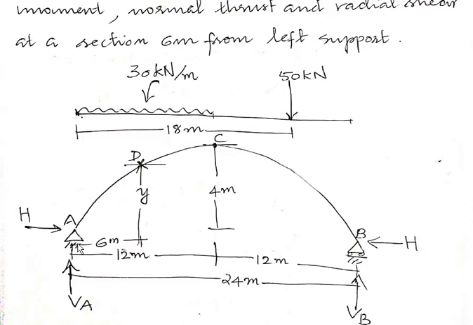Then we can take moment about A or B. So if you take moment about A, it will be VB into 24 minus 50 into 18 minus 30 into 12 into 12 by 2. And there you will get the value of VB, and then substitute that in the first equilibrium condition and get the value of VA.